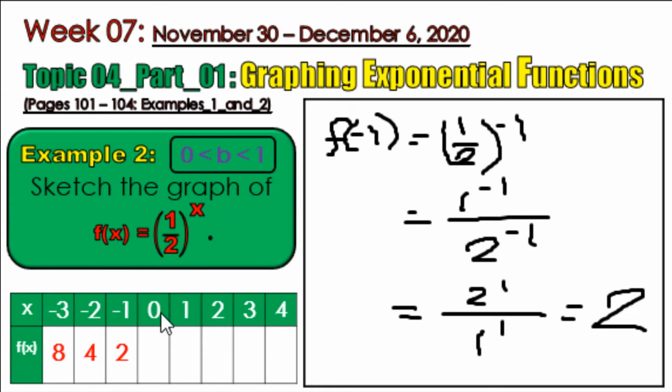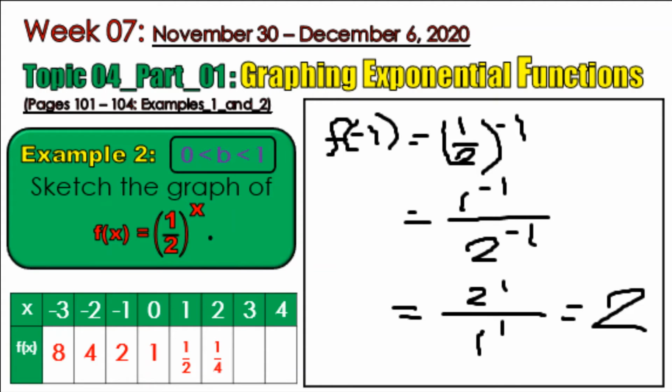Next, if our x is 0, applying the law of exponents, f of x is equal to 1. If our x is positive 1, 1/2 raised to positive 1 is 1/2. If x is 2, 1 squared is 1 and 2 squared is 4, so 1/4.